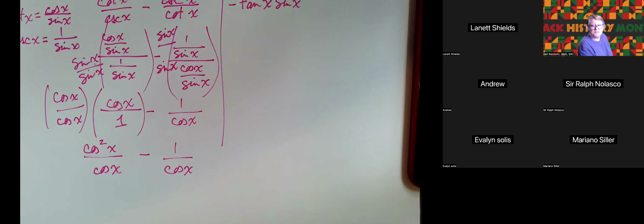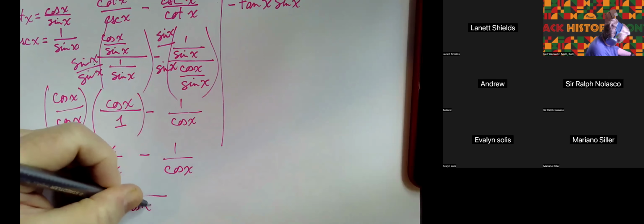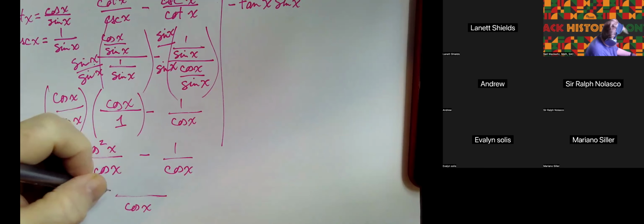Can we combine those fractions now? Yes. Good. So we've got a common denominator. And in the numerator, cosine squared x minus 1.